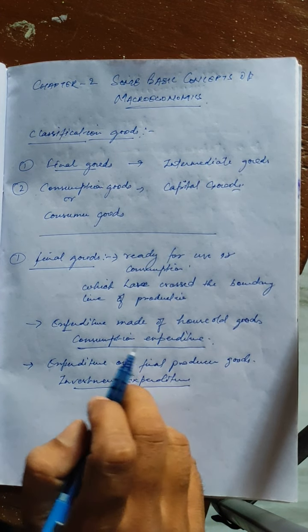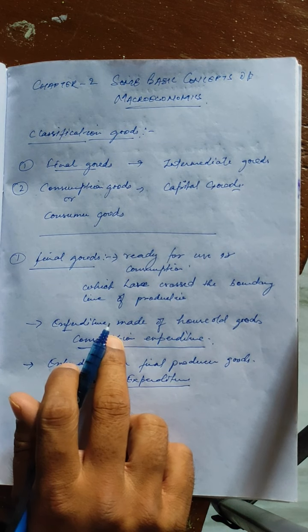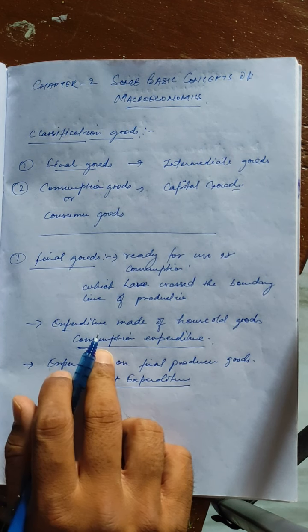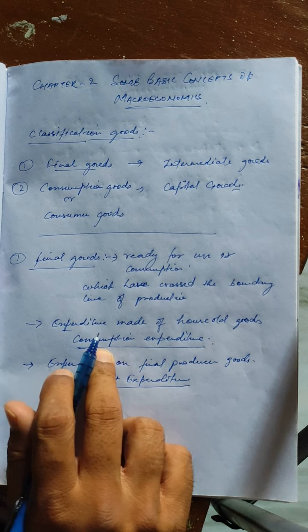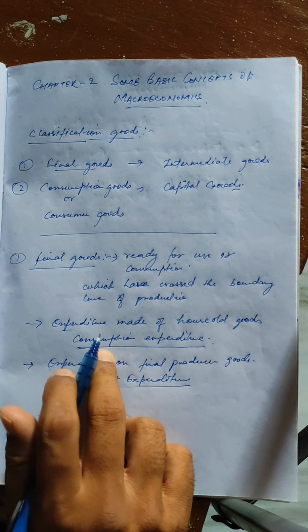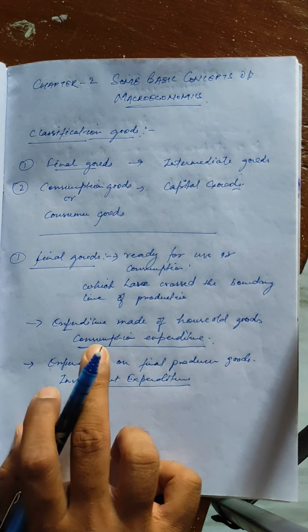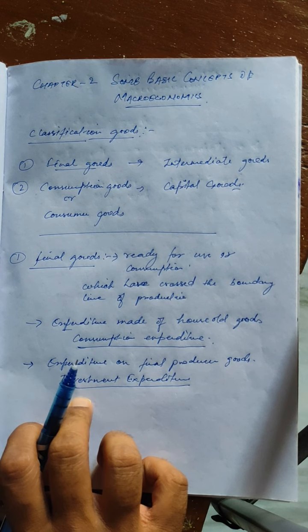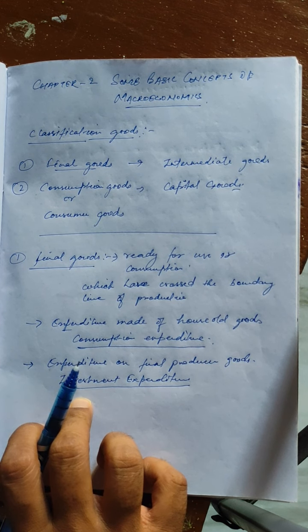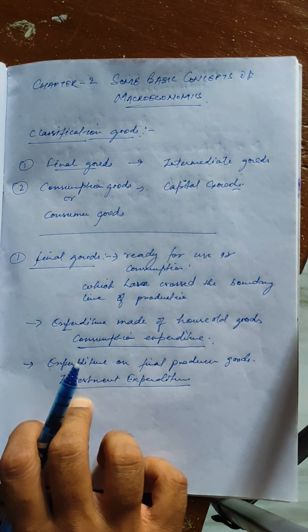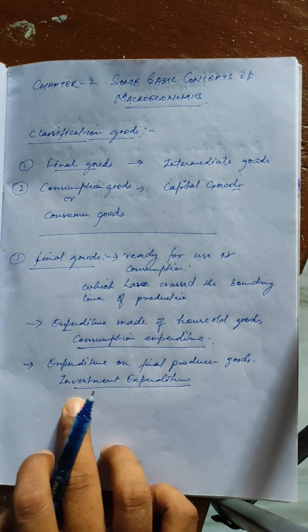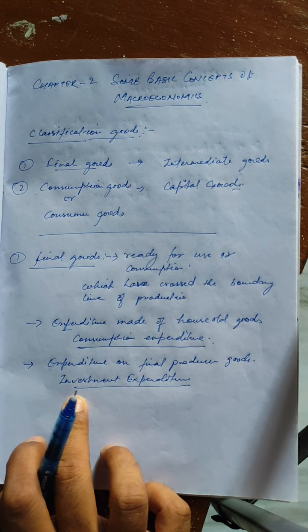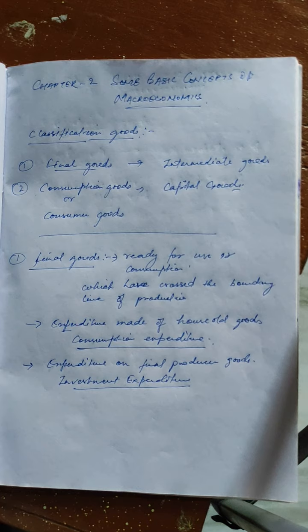So see the difference. If you are making any expenditure on household goods, it comes under the heading of consumption expenditure. And if you are making any expenditure on final producer goods, then it comes under the heading of investment expenditure.